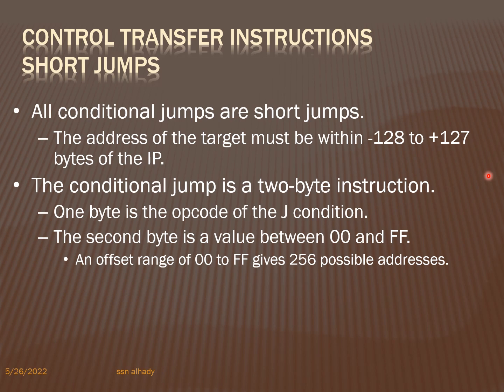The conditional jump is a 2-byte instruction. One byte is the opcode of the J condition, and the second byte is a value between 0 to FF, where an offset range of 0 to FF gives 256 possible addresses.